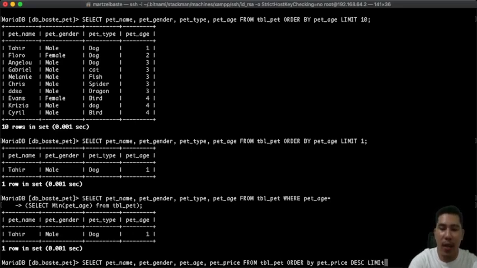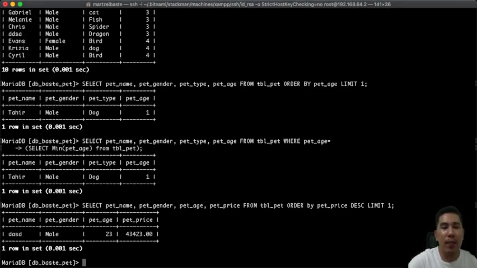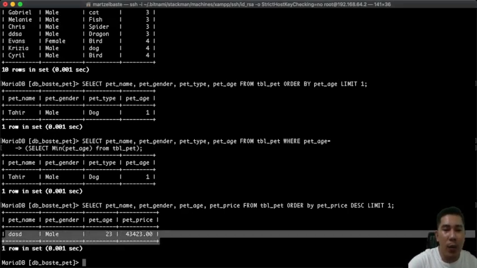Right? So meaning, we sort the data in descending order using the price field, and we only limit its records by 1. So this will give us the records of the pet with the most expensive price.